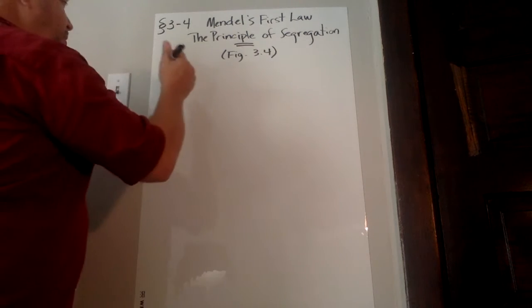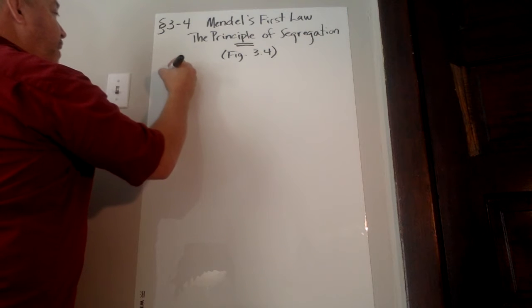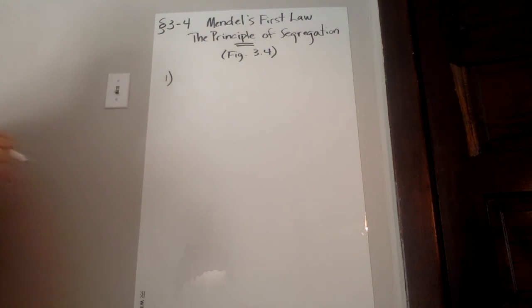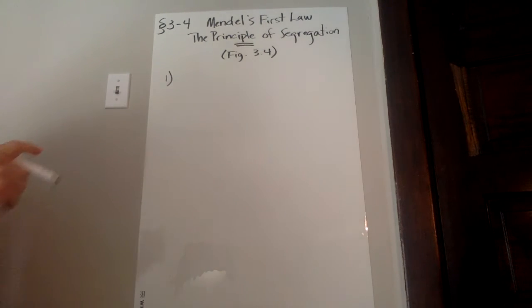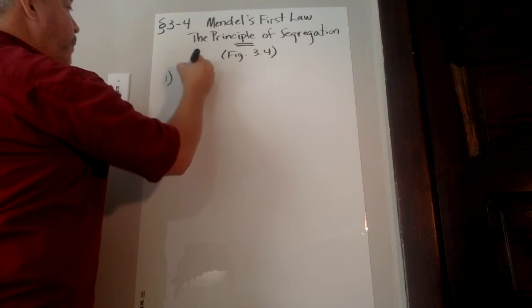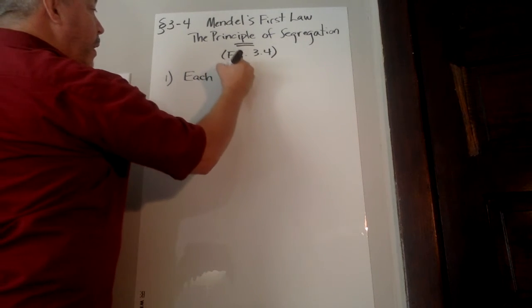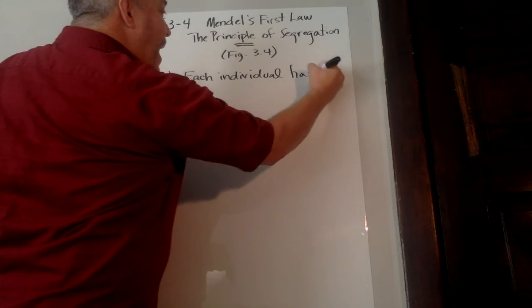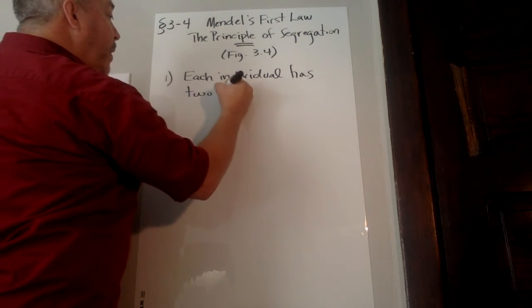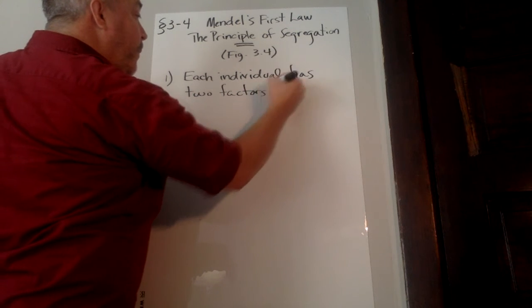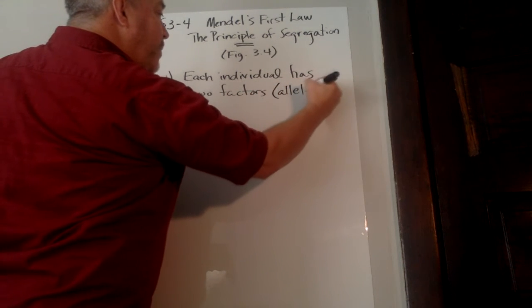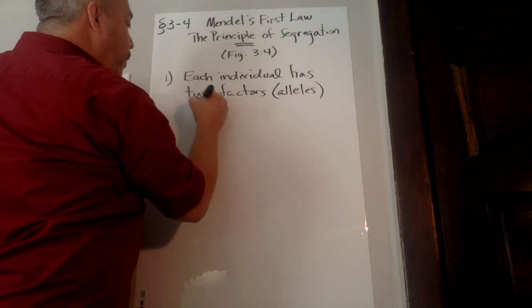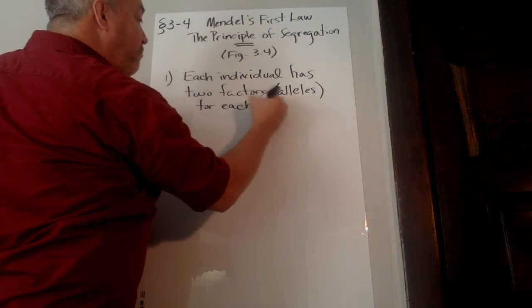And what Mendel was able to surmise after he did all of these P crossings was first, that each individual has two factors, what we call alleles, for each trait.